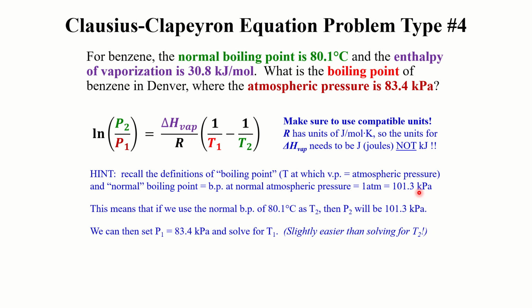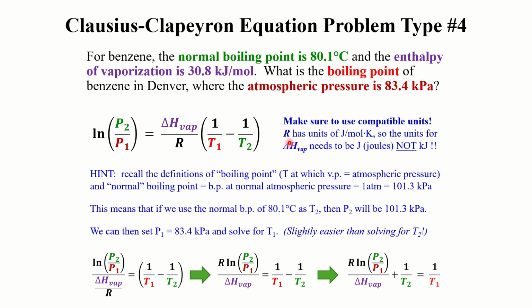My other hint for you here is that I do recommend making T1 the unknown. It's slightly easier than having to solve for T2. So what I'm going to do is take this term right here and divide it from the right to the left, which gives me ln P2 over P1 divided by delta H vaporization over R equals my term on the right.